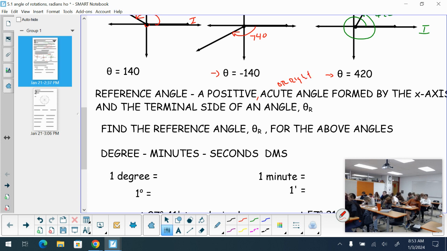It is formed by the x-axis and the terminal side of an angle. A positive acute, and that could be right. You can have a right angle here that is formed by the x-axis and the terminal side of an angle.